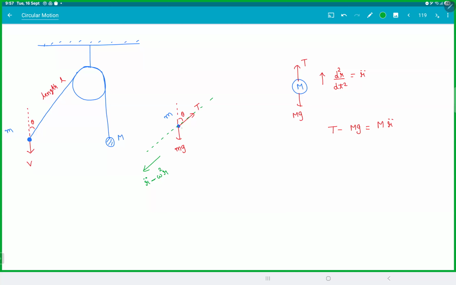And what about the velocity components? This would be V cos theta, and this would be your V sin theta. This is your V tangential. This was your V radial.